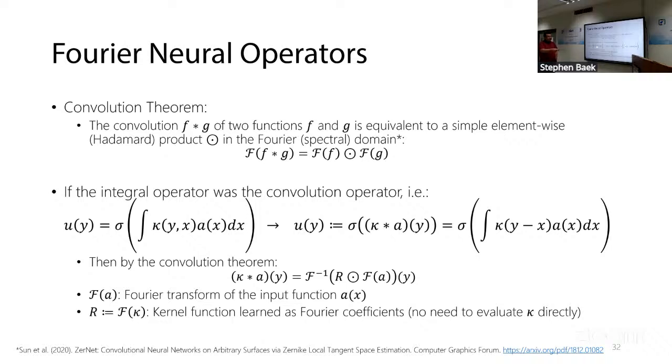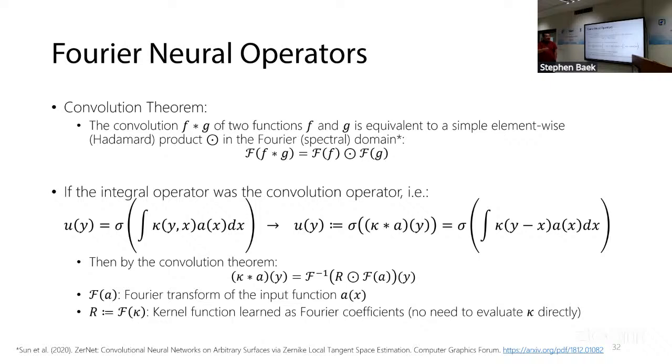This is a generic form of that convolution operator, which means, from a different perspective, in the original rigorous formulation of the integral operator, we introduced the assumption that kappa of y, x equals kappa of y minus x.